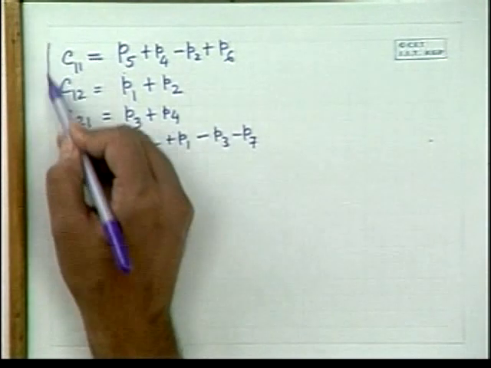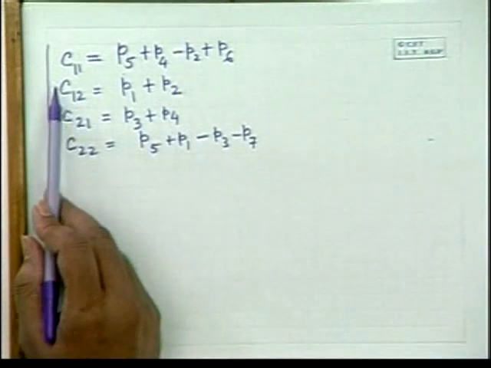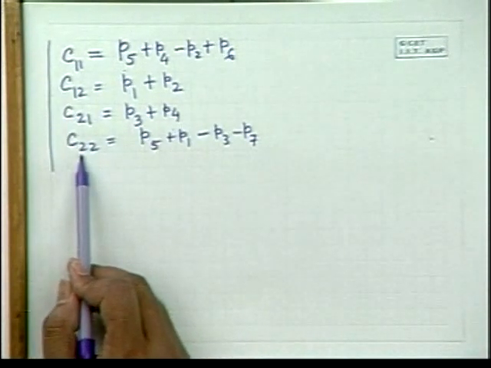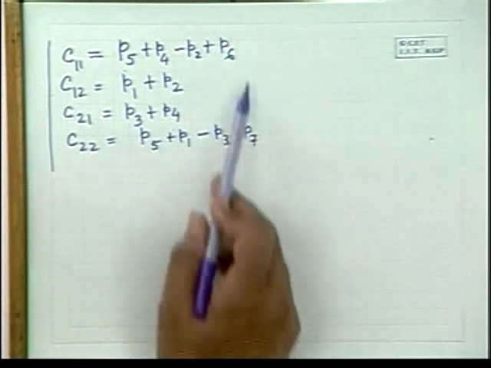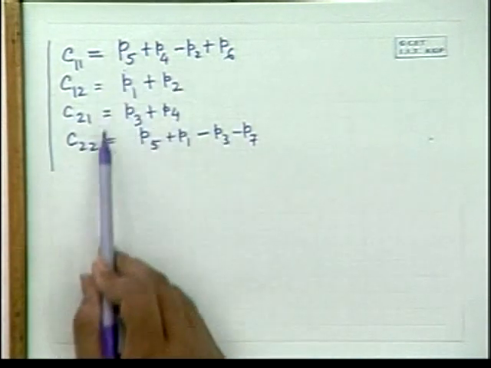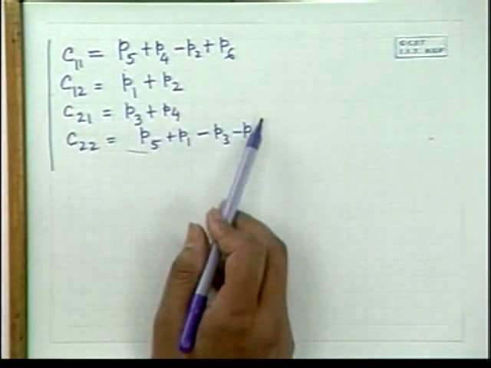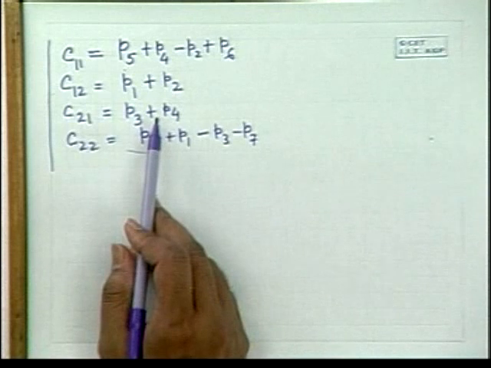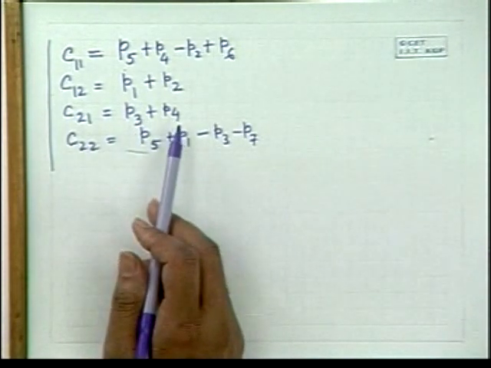So all the elements of C, C11, C12, C21 up to C22, you can get from the Pi's up to 7 by these equations, and these equations are only additions. Additions are nice because addition of two matrices will take only order n square time. It is the multiplication of matrices which is costly, which we want to avoid.